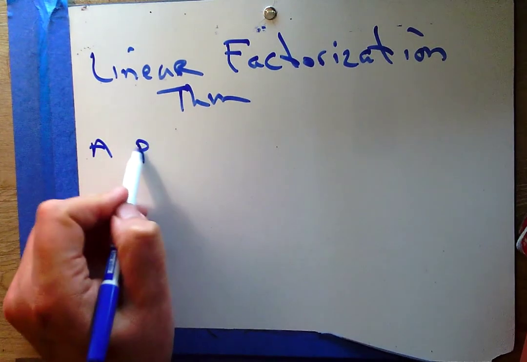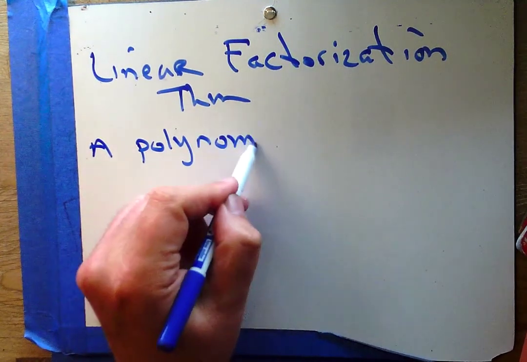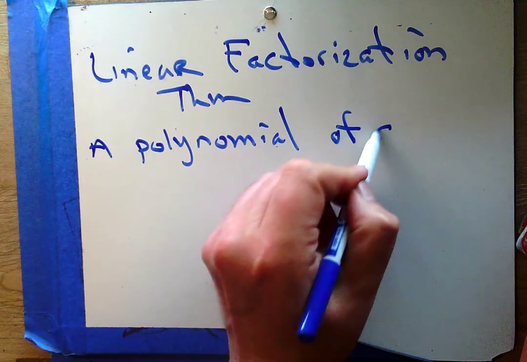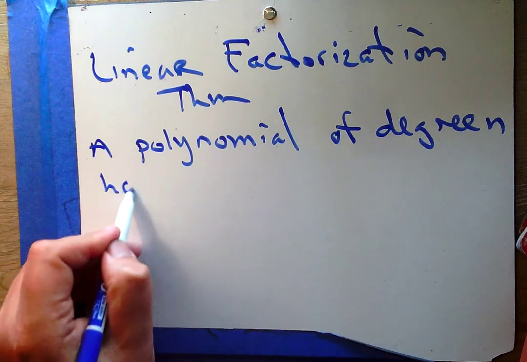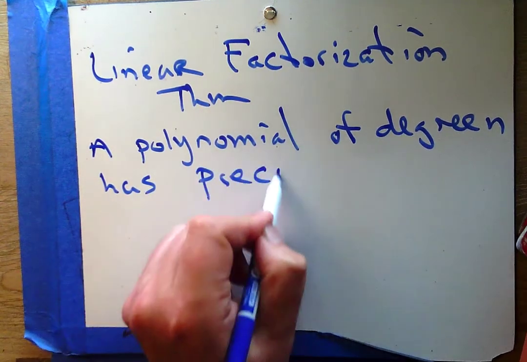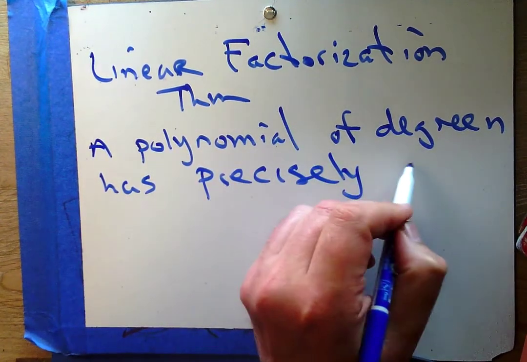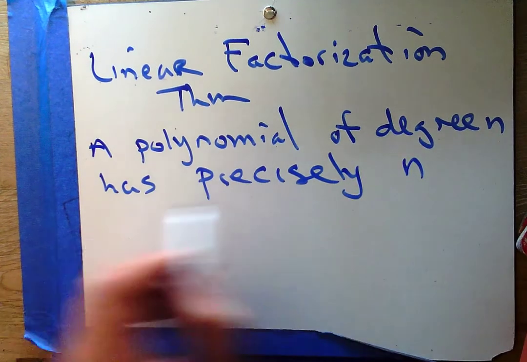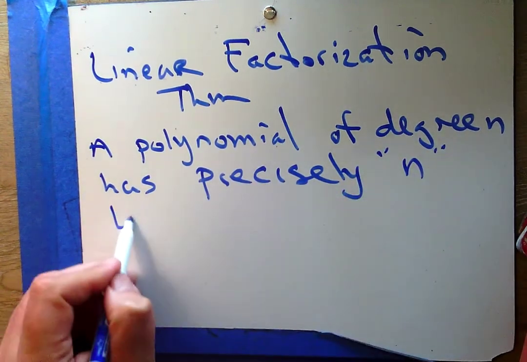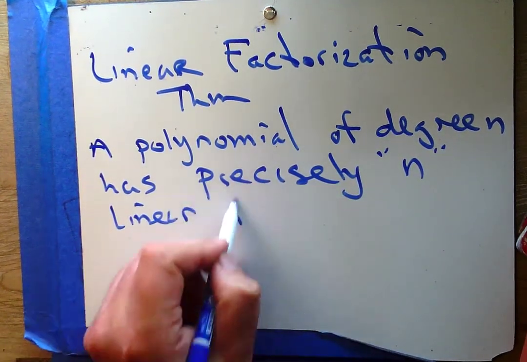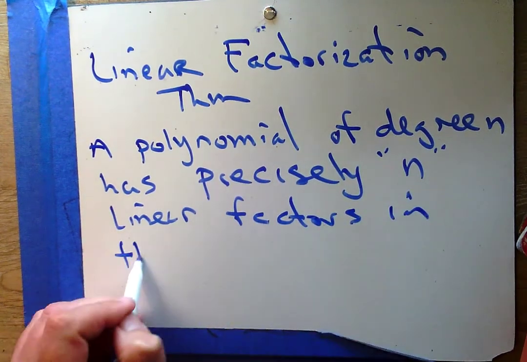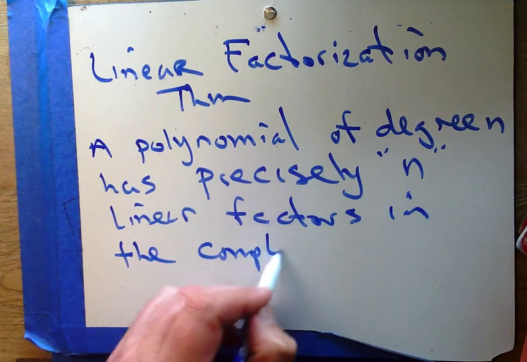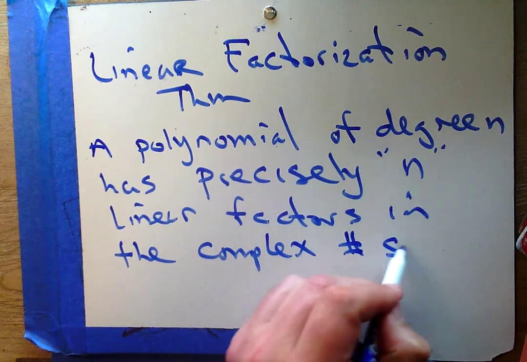It says a polynomial of degree n has precisely n linear factors in the complex number system.